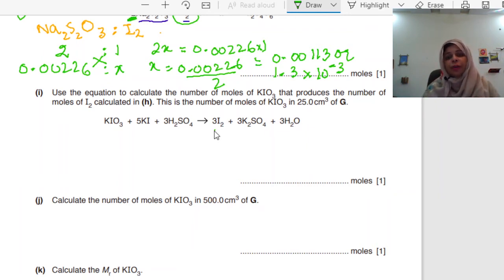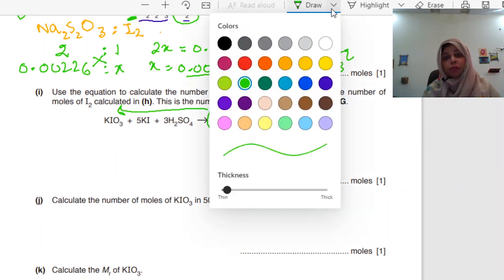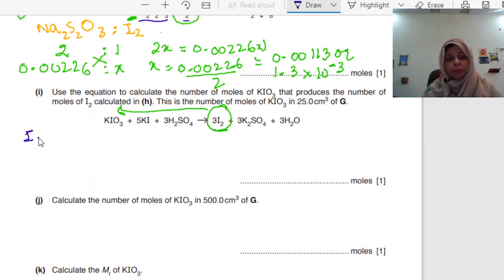Again I am telling you, if we know the values of one part, we can get the value of another by using the ratio method. So the method which we will use now will be the ratio method between iodine and KIO3, because we know the moles of iodine which we calculated in part H. So we will use those moles.